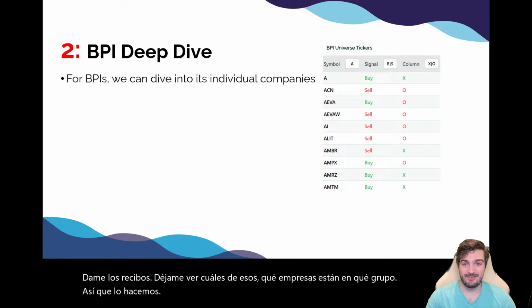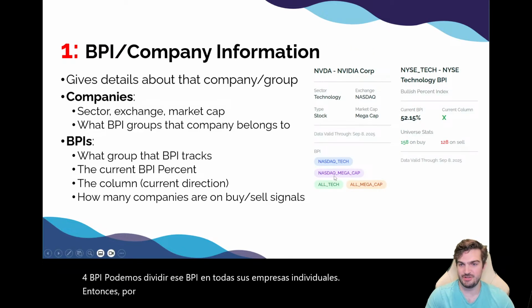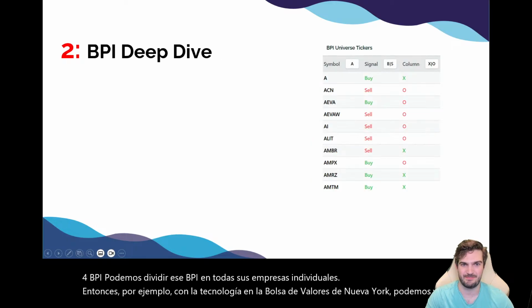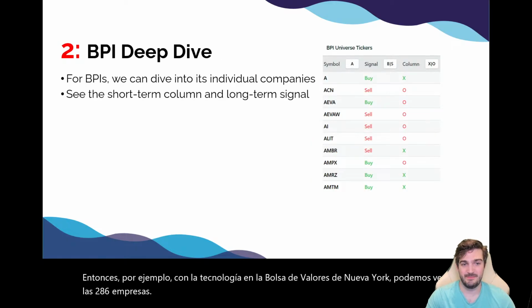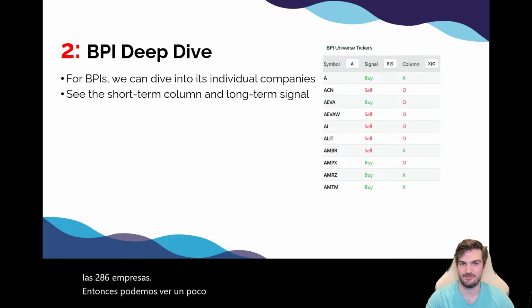For BPIs, we can divide that BPI up into all of its individual companies. So, for example, with technology in the New York Stock Exchange, we can look at all 286 companies. Then we can see a little bit of information about their point and figure charts.